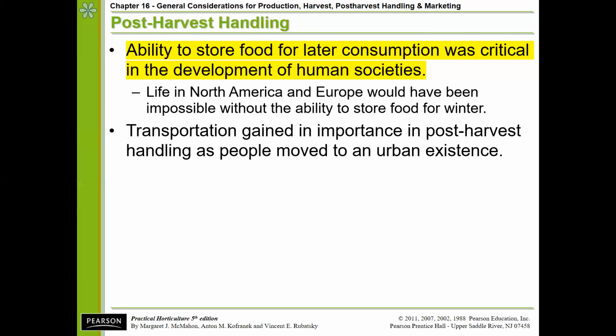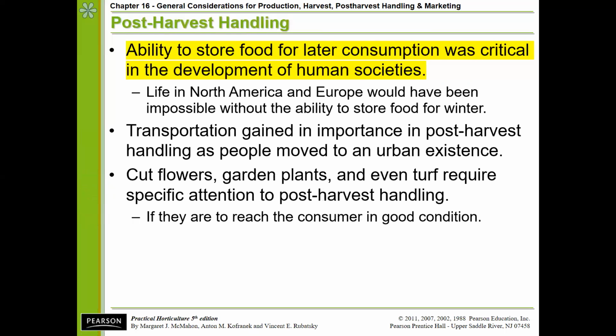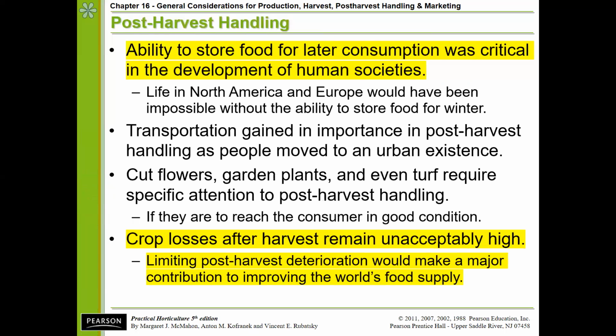Many different ways that we do that. Of course, with transportation, we're able to move things great distances. In many cases, a lot of our fresh vegetables are coming from these areas where they're best produced and travel all over the country and all over the world. In some cases, thousands of miles. And then particular crops require specific attention for post-harvest handling as well.